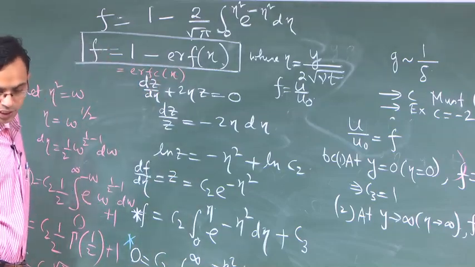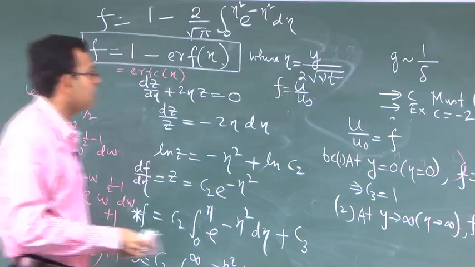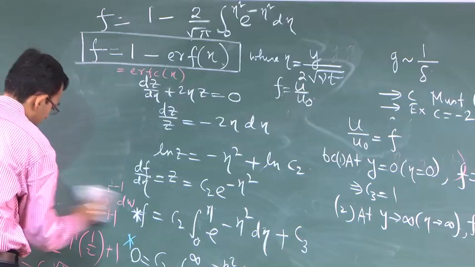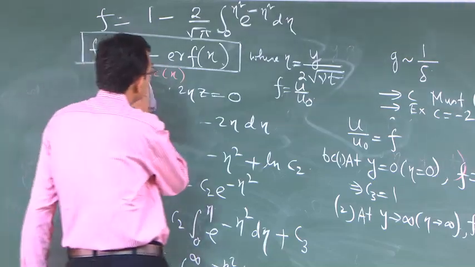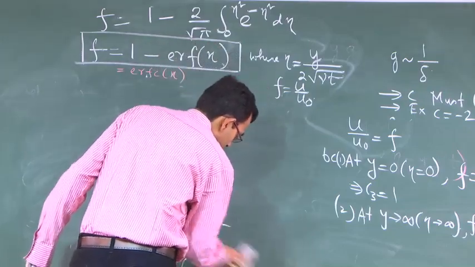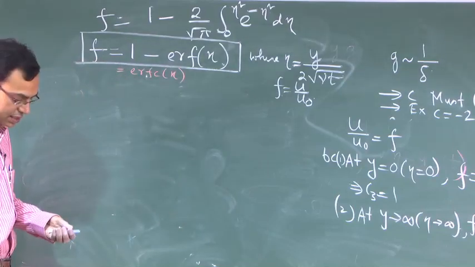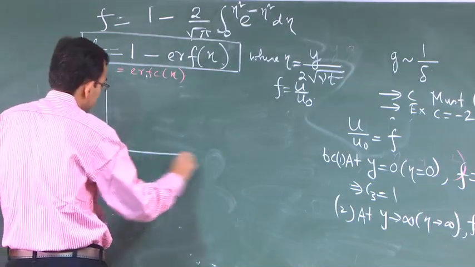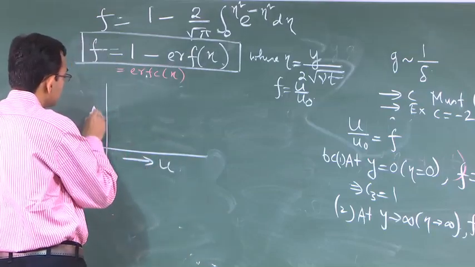Now, the interesting question is, if we plot this result in a graph, in the physical space how will the graph look? Let us say you have u versus y.